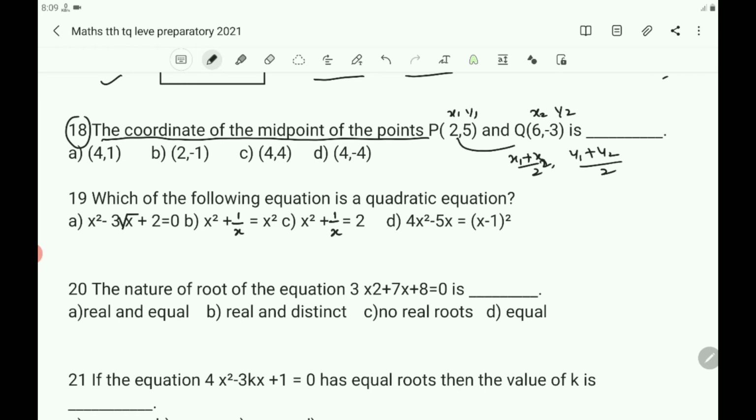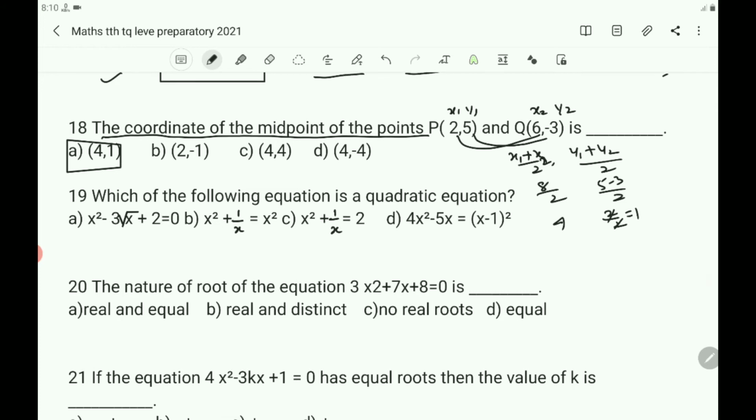So x1 plus x2 is 6 plus 2, 8 by 2, and y1 plus y2, 5 minus 3 by 2. So we'll get 8 by 2 is 4, 5 minus 3 by 2 is 2 by 2, which is equal to 1. So you will get the answer (4, 1). The option A is the answer, (4, 1).